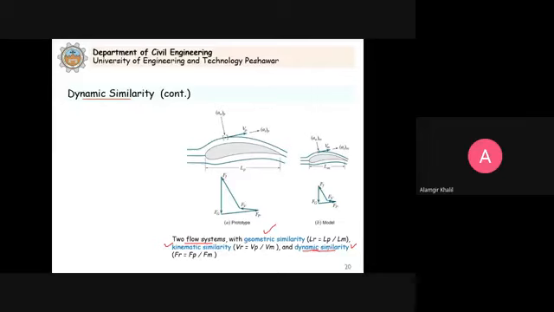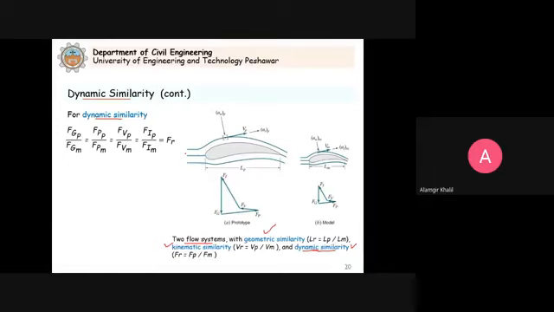And now for the dynamic similarity, we come to the forces. Clear? For example, the gravity force in the prototype and in the model, the pressure force in the prototype and the model, the viscous force, the inertia force. So this ratio must be a constant, which is FR. What is FR?